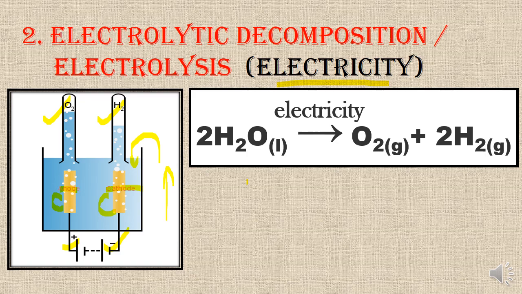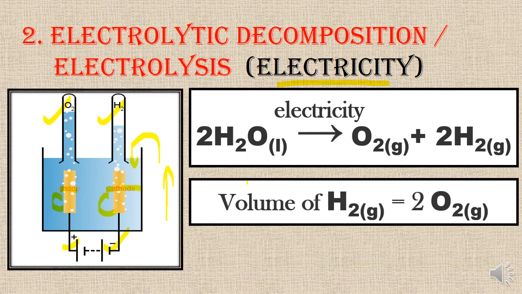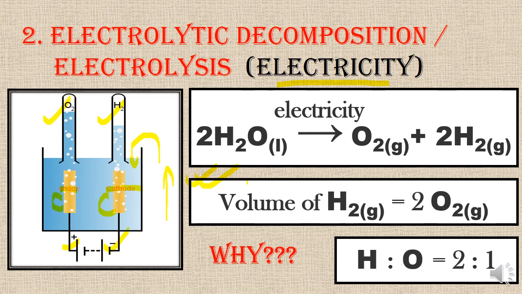Here is a very important point that you need to remember from the exam point of view. The volume of hydrogen gas which is evolved is twice the volume of oxygen gas. You know why? Because the ratio between hydrogen and oxygen in the water molecule is 2:1, which must be maintained according to the law of conservation of mass.